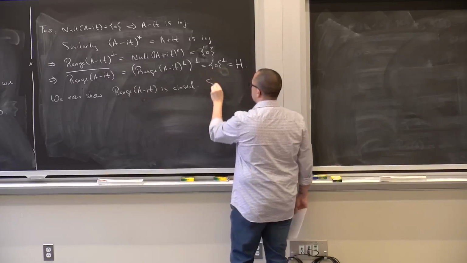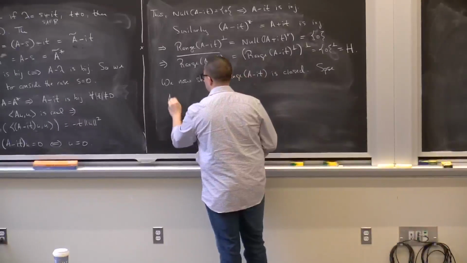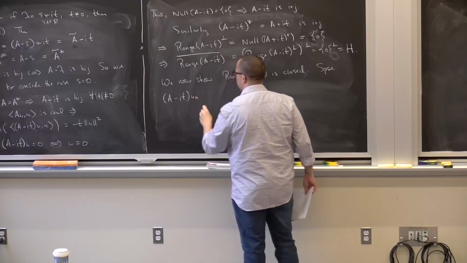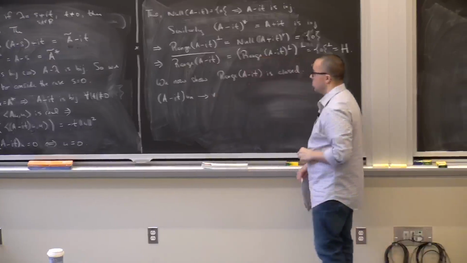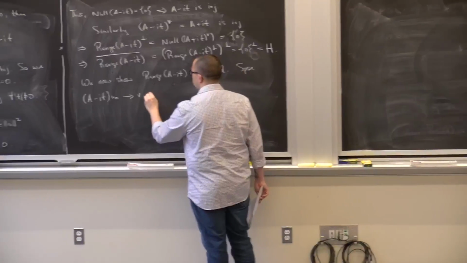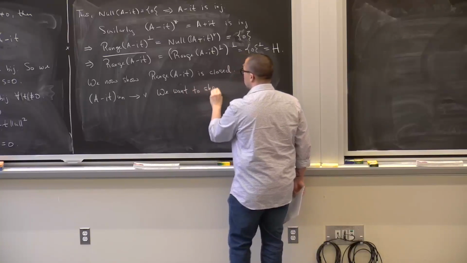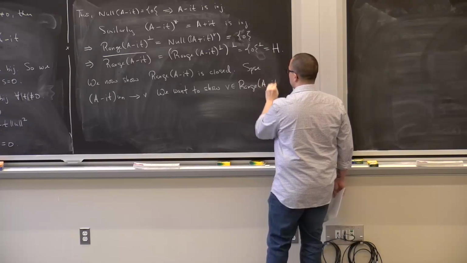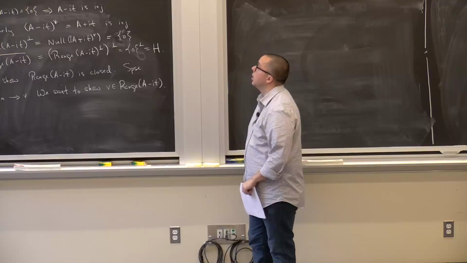So suppose I have a sequence of elements un such that A minus IT applied to un converges to an element v. So my goal is to show that v is in the range of A minus IT. And then we've shown that the range is closed, and we're done with the first part.